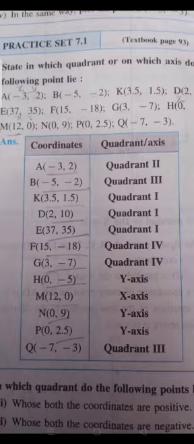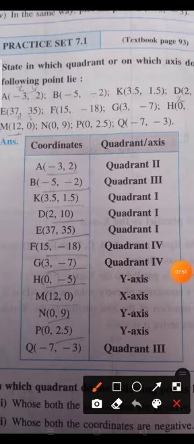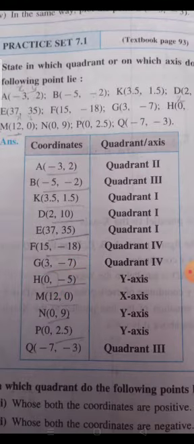Now listen, in (0, -5), 0 is x and 5 is y. So the number 0 is in which position? We have to see that it is in the x position, so this point (0, -5) will lie on the y axis.